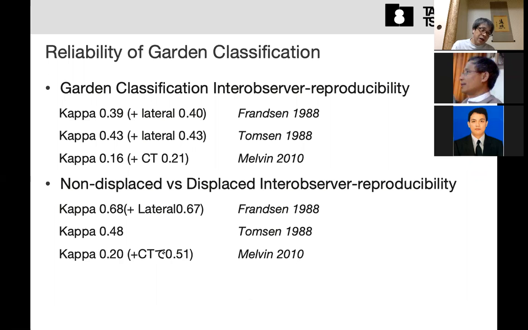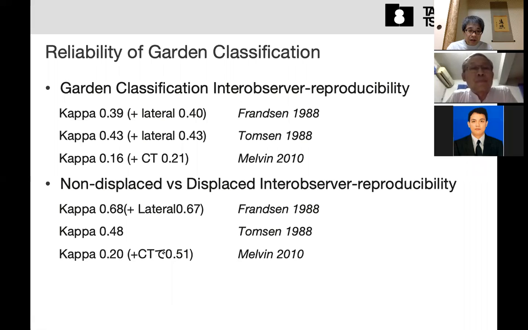Even with a very simple classification, the kappa value is around half. Even if we use a CT scan, the relative intra-observer reproducibility comes to around half. It is also incredibly low.